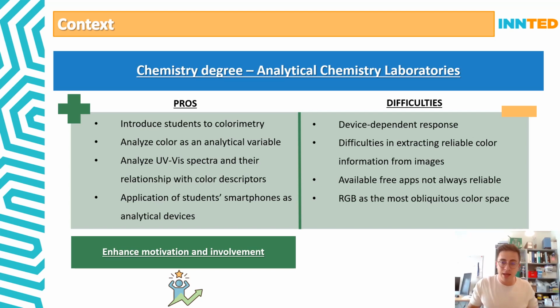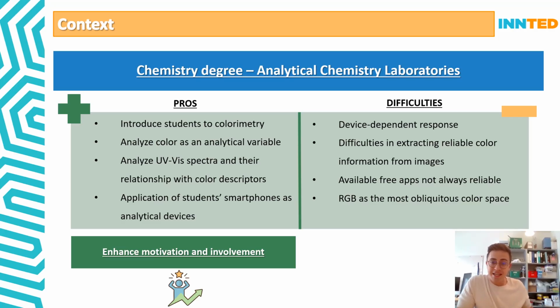However, this also implies some difficulties in the methodology. For example, using different smartphones, using different students' devices, introduces a device-dependent response. That is, each and every device will provide a slightly or not that slightly different response. Also, there are some difficulties in extracting reliable color information.